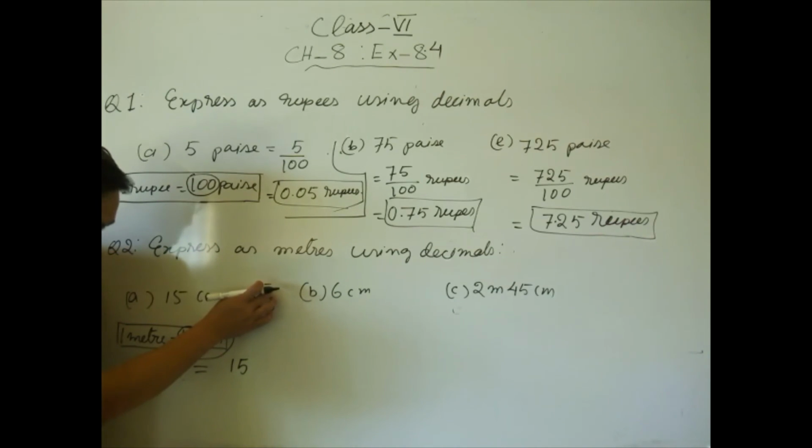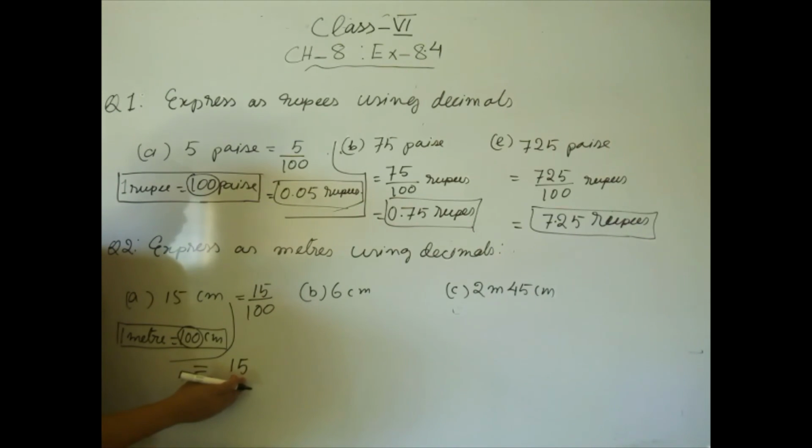Take this number 15 and start counting from the right side towards the left: 1, 2. Two zeros. After that, put the point. We get here 0.15 meter. So the number is starting with the point, which is not nice to see, so please write a 0 to make it 0.15.